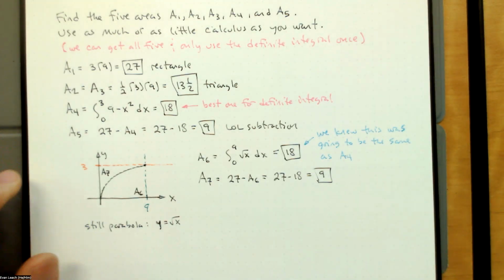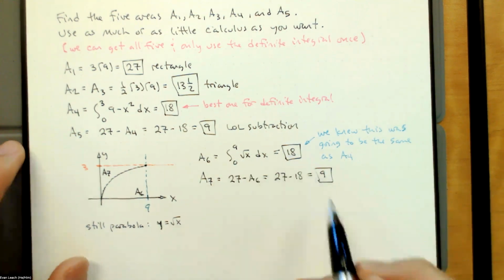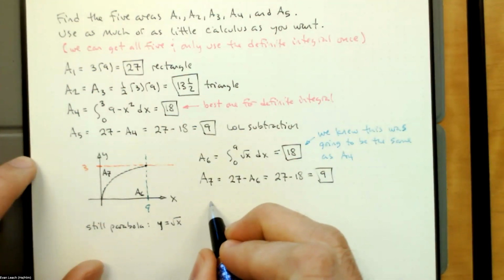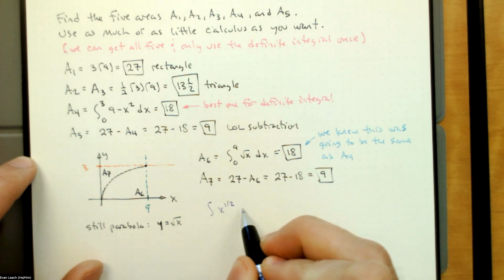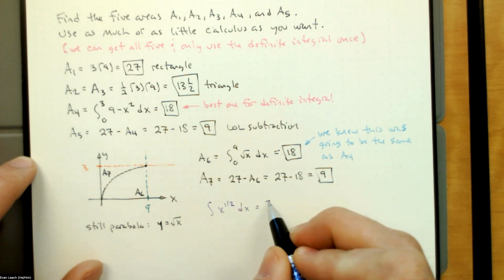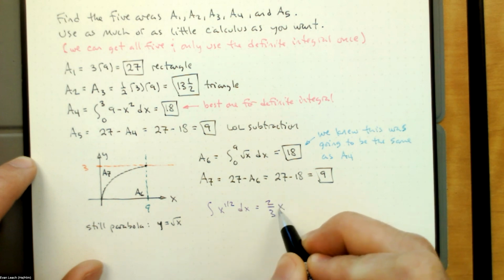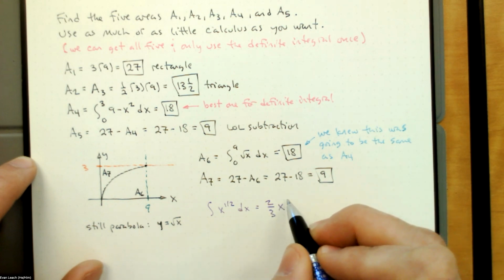Incidentally, since I picked such good values for this 2/3, 1/3 split, notice that if we integrate x to the 1/2 power, that's going to be 2/3 x to the 3/2.